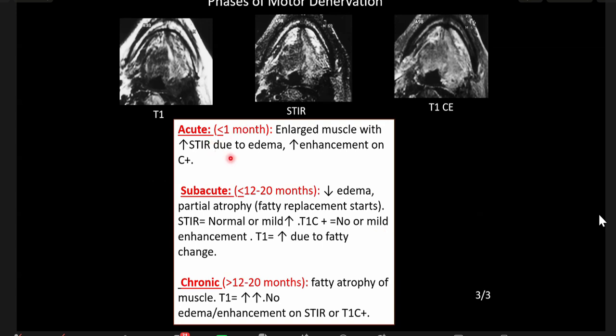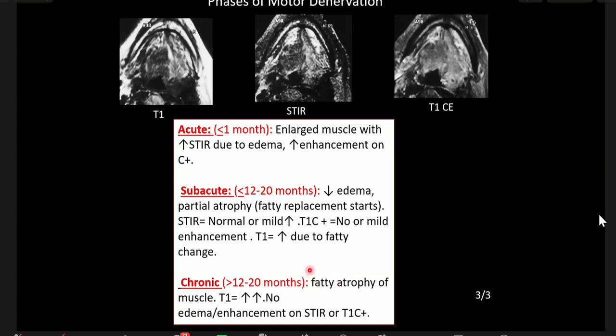And the concept is that when there is motor denervation, initially the muscles show edema, so they are high in signal intensity on STIR sequence and can show enhancement. In the subacute form, the edema subsides and there will be fatty replacement, so there will be patchy enhancement, just like our case here. And in chronic, it will just become fatty atrophy.